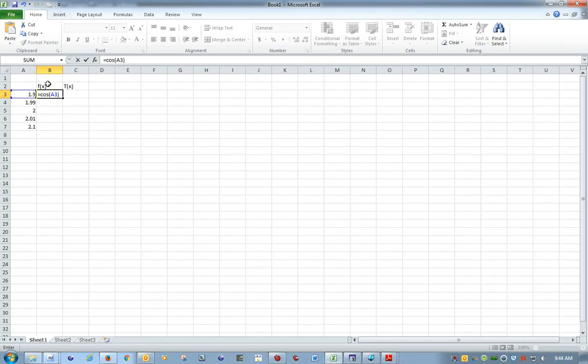And that's going to be times this value. It would be cosine 2. Alright, so that's the slope, cosine of 2, times the x value minus 2, which is here.